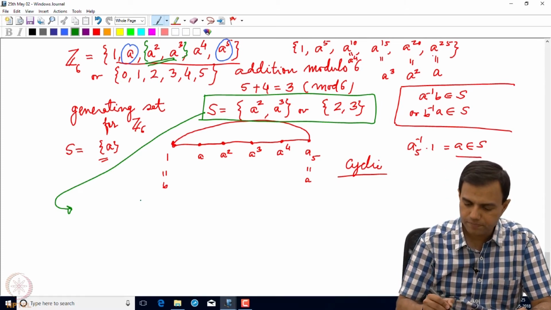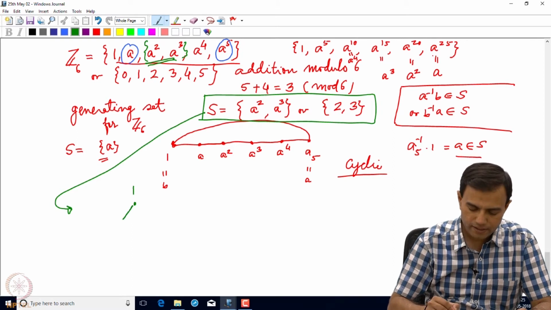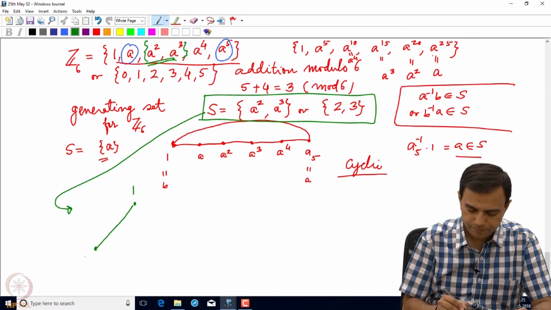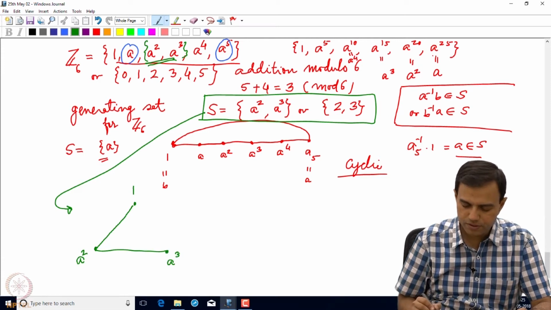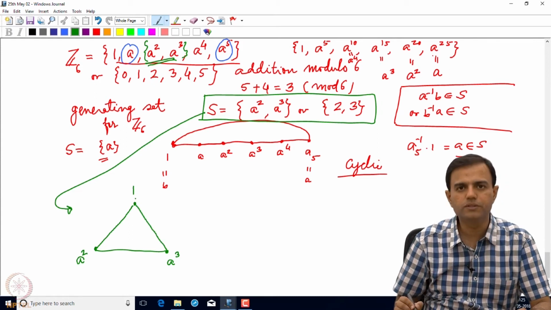So I have identity, and then I have A square, I have A cubed, and then back to this.